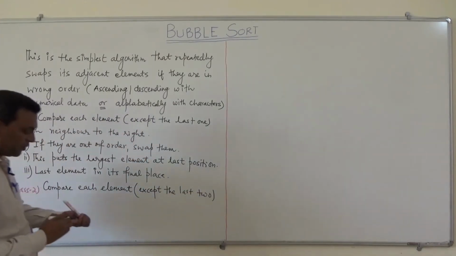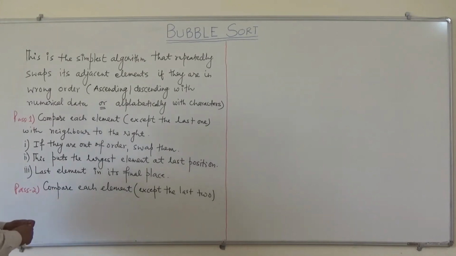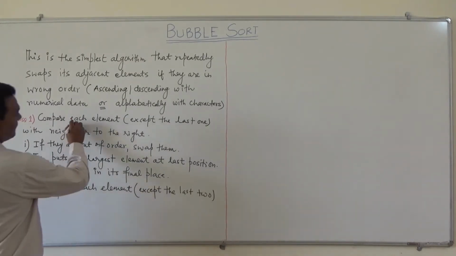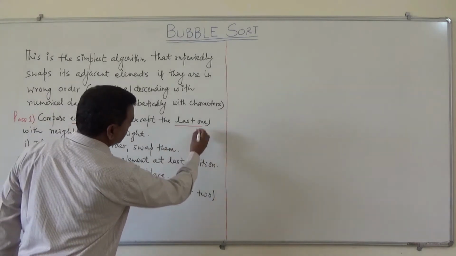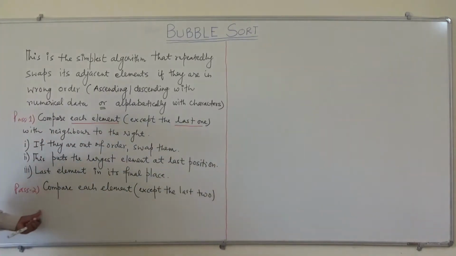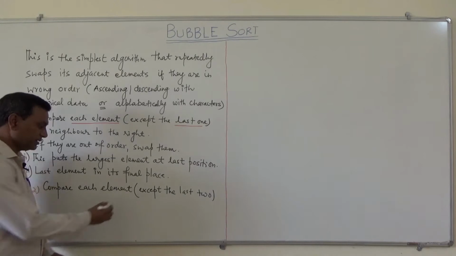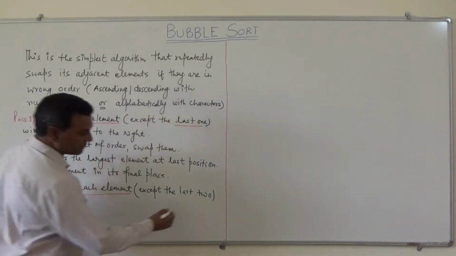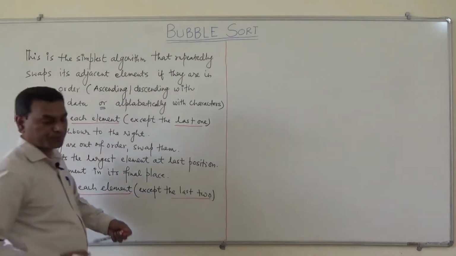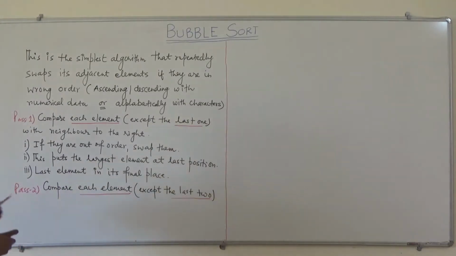This is a very important point: in pass 1 we were comparing each element except the last one, and here in pass 2 we compare each element except the last two.